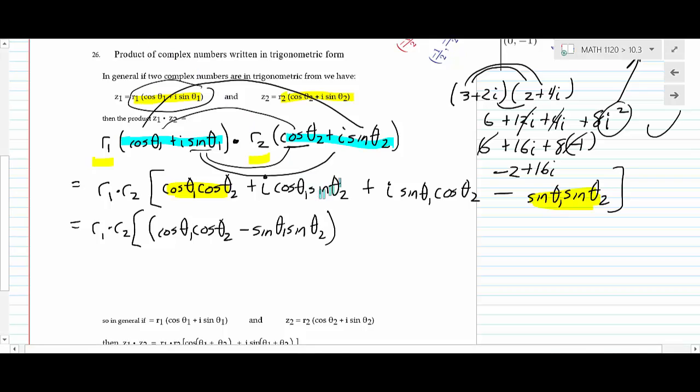Now we're going to put those together. If you put those together, couldn't the i just be factored out of that? You have a common factor. So I'm going to have you write this now as plus, and then we'll have i, and then a new parenthesis, then we'll have cosine theta 1 sine theta 2 plus sine theta 1 cosine theta 2 like that.